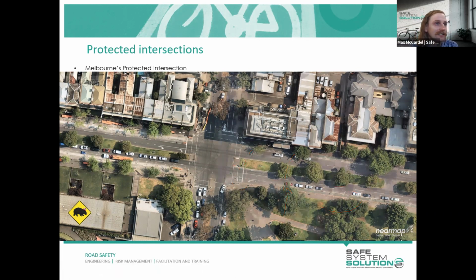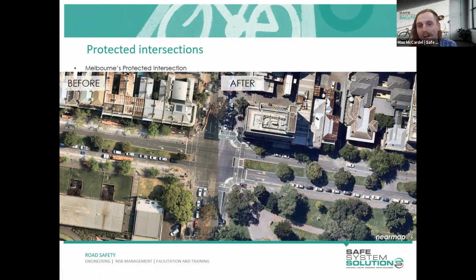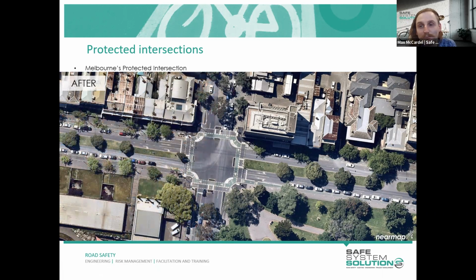This next slide shows you a bit of a half and half of how things looked, so you can start to see the protected intersection coming together. But I'll skip straight to the end, spoilers. The first thing you may notice is that the separation, that protection, is carried all the way up to the intersection now, so we don't have that no man's land where there's nothing.